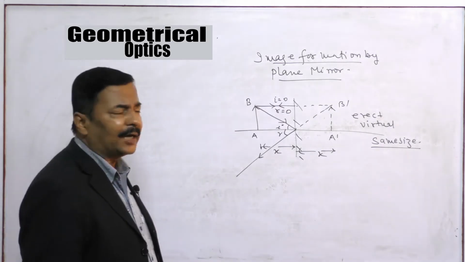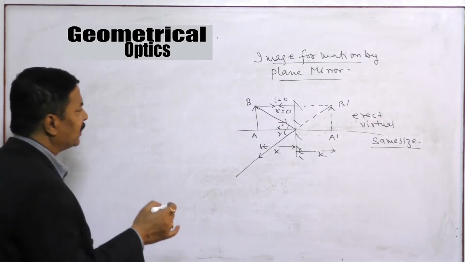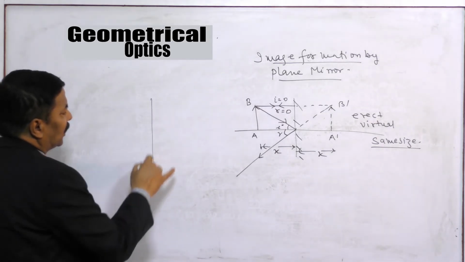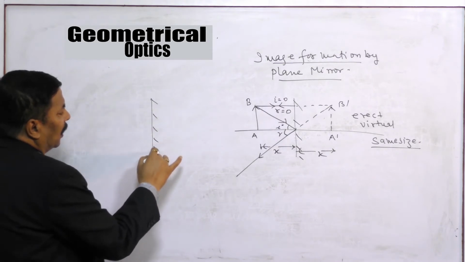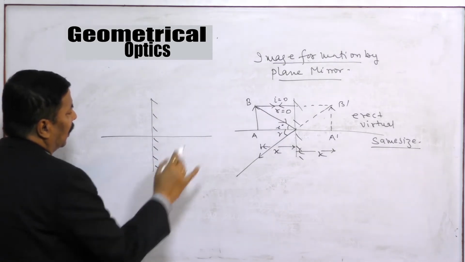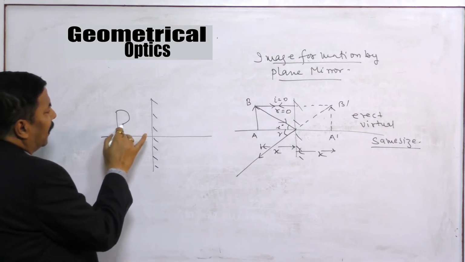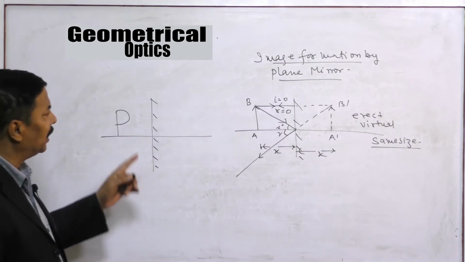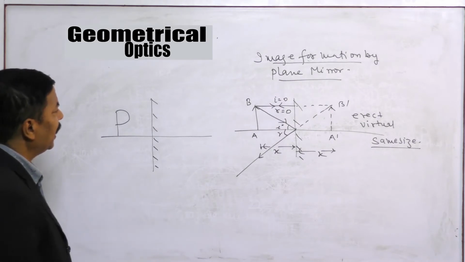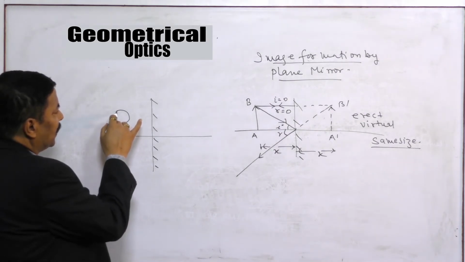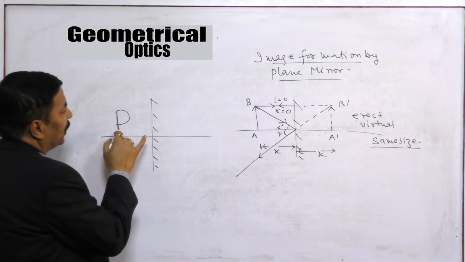One term is there that is called lateral inversion. What is that lateral inversion? Try to understand. If a letter P I am writing here, then in mirror it will appear. See, this is the line, it will have the equal distance.